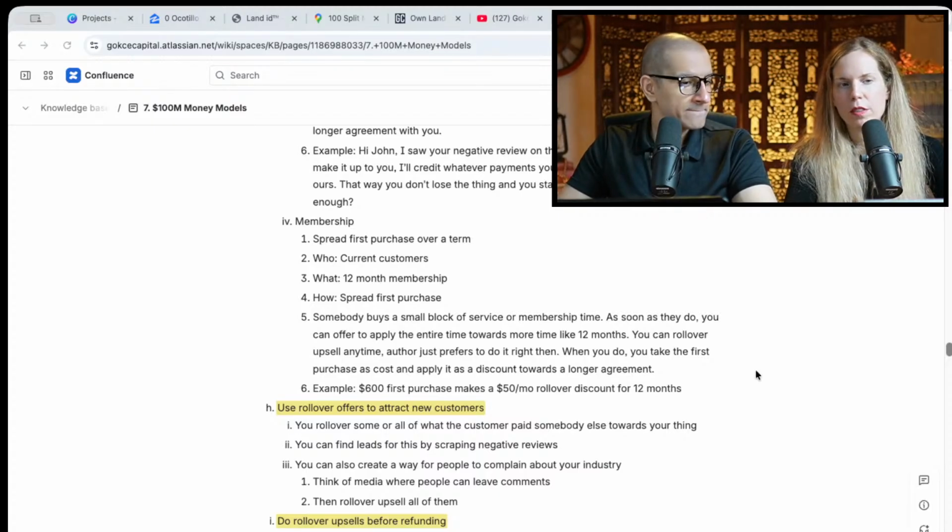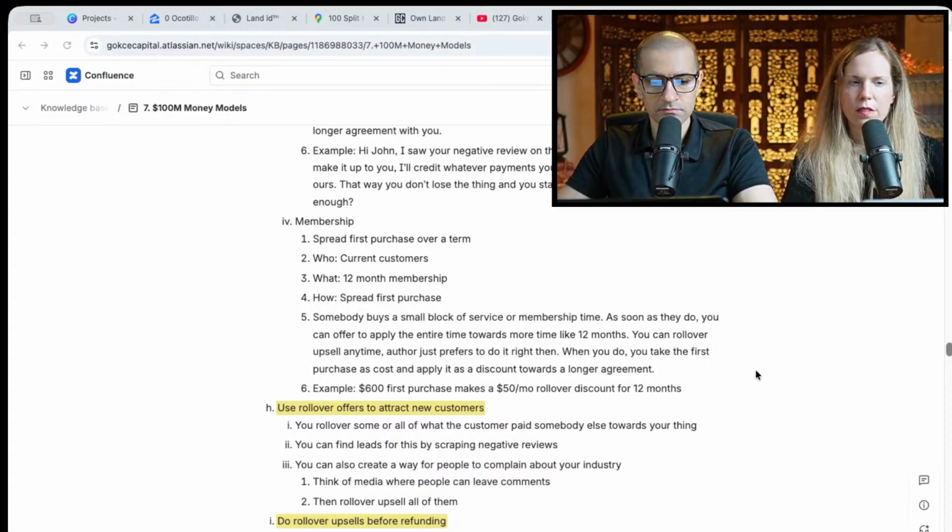I mean, that's something we could do with the membership once we perfect it. But the membership is already monthly. Well, they buy a small block of time and then you roll it. What do you mean, small block of time? So we could say you can do just 1 month of membership to try it out, and then credit a portion of that as a discount for the next 12 months.